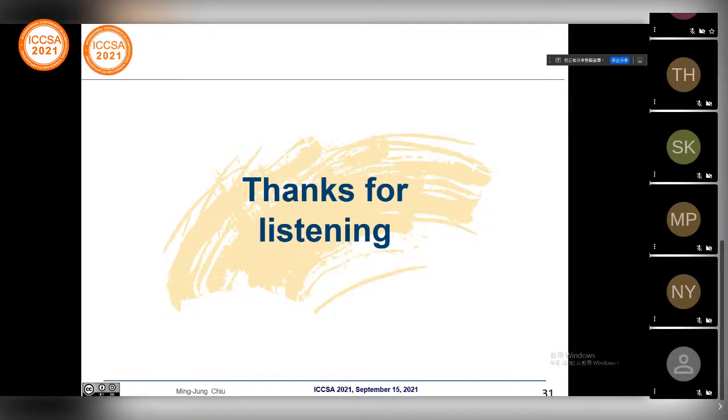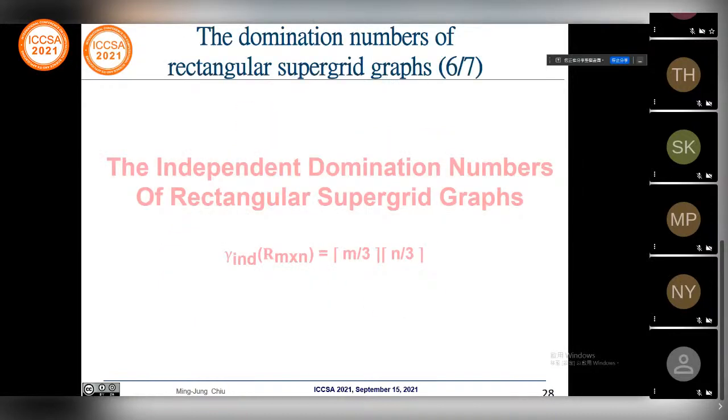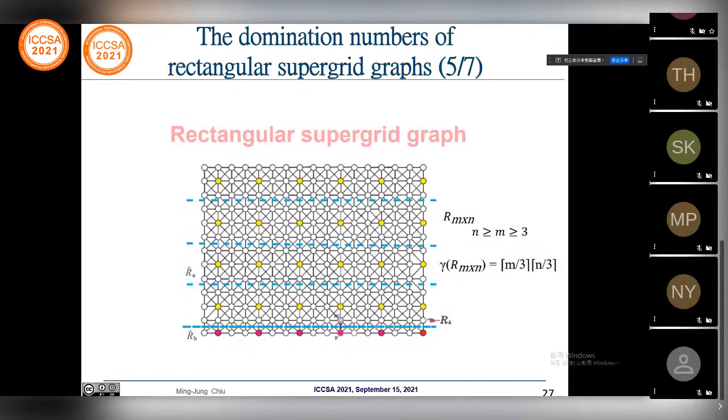On page number 27, we know that R n by n is floor of n divided by 3 times floor of n divided by 3, right? But how can we know that? Oh, we can cut a rectangular n by n into many parts of rectangular 3 by n.